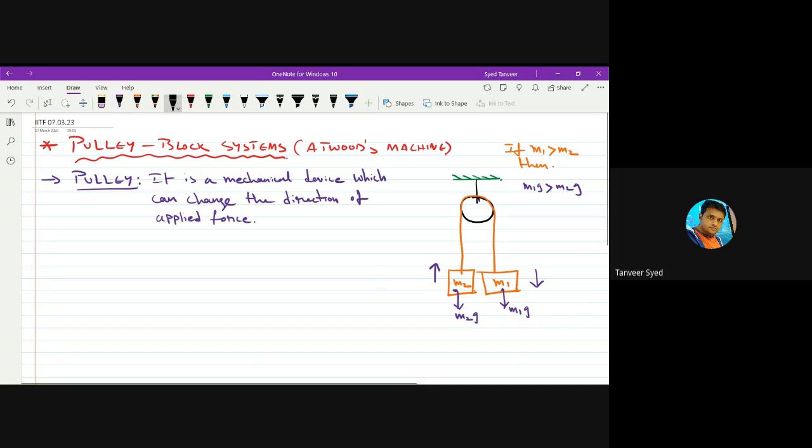Imagine a simple situation. This is a well, and let us say you are standing here and drawing water.